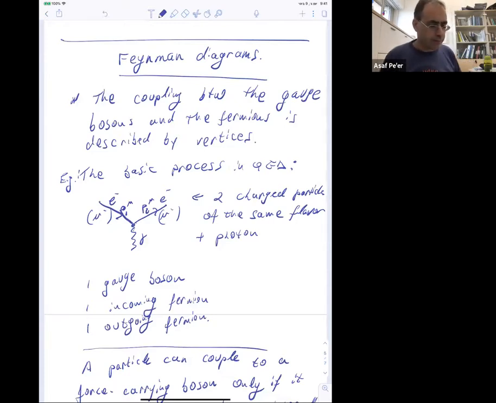And in addition, at the same vertex, a photon with a four-momentum, typically denoted by Q mu, is also created. Actually, this is the right way to think of it, because we're talking about excitations of the quantum field: at the vertex, one electron is destroyed, and one electron and one photon are created.